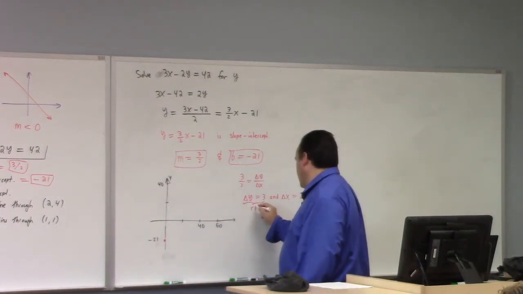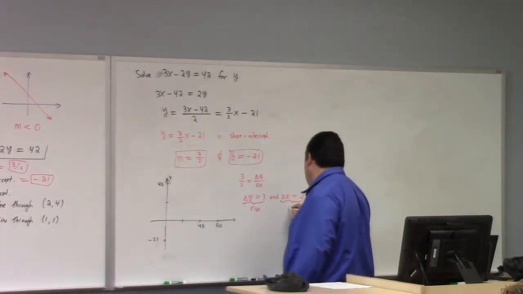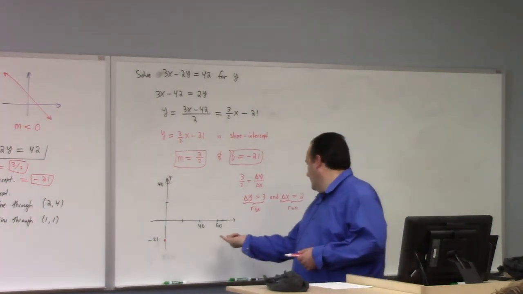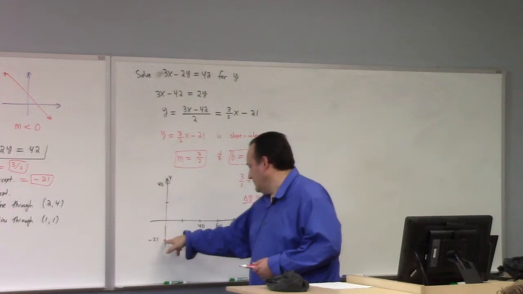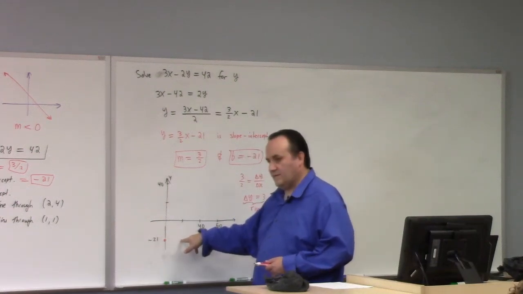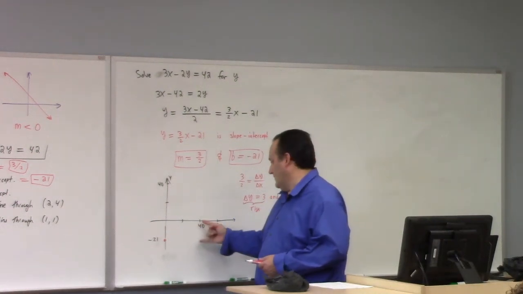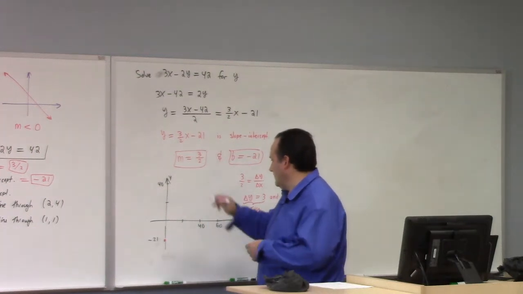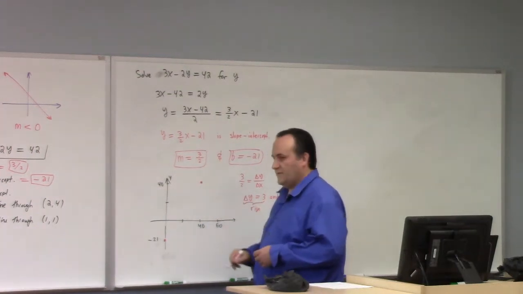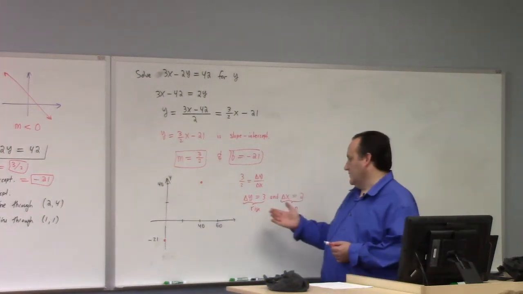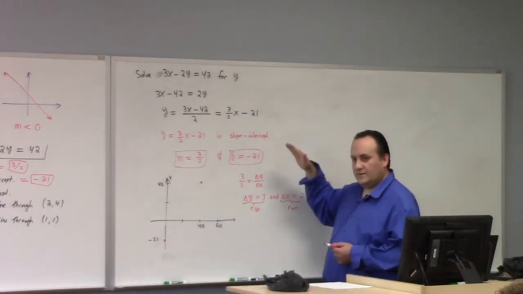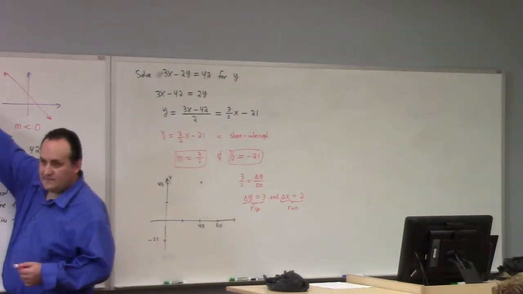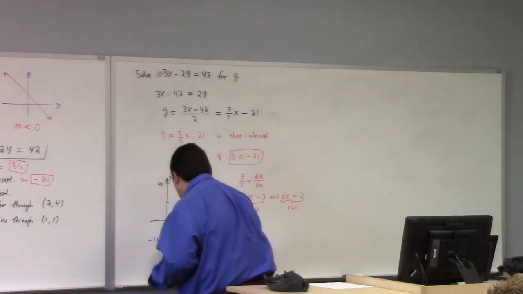People typically call this the rise and this the run. So I go 2 over, and that takes me to here. Then 3 up: 1, 2, 3. So roughly speaking, my second point would be up there. It's a positive slope, so I know qualitatively it looks something like this. And here you go.